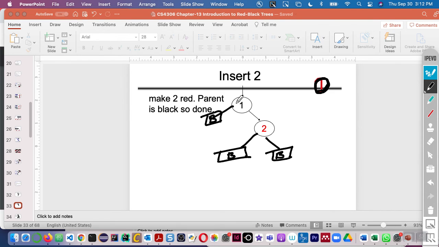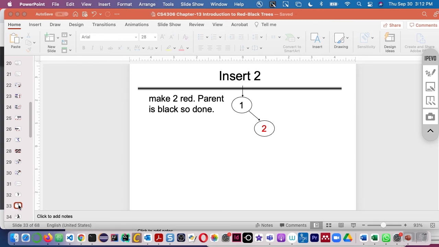So the number of black nodes in this way is 1, this way 1, this way 1. If a node is black, then we don't worry. If a node is red, then both children are black. Now it is fine, right? So far it is good. The problem will arise when we encounter more data.